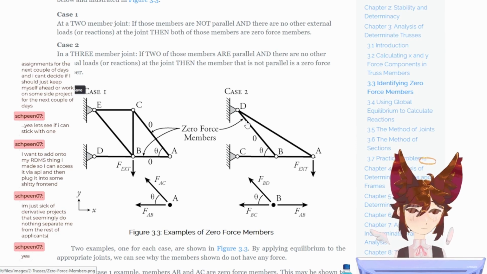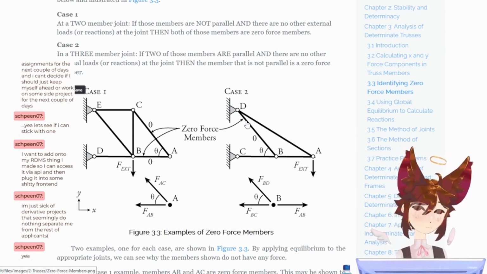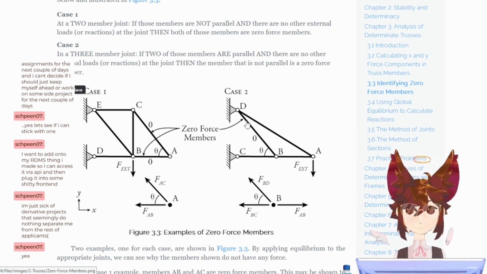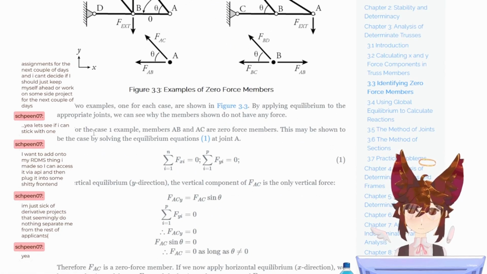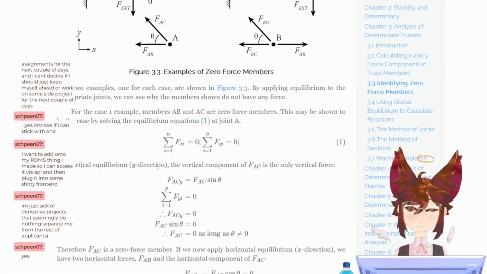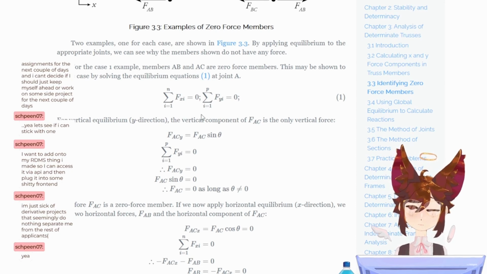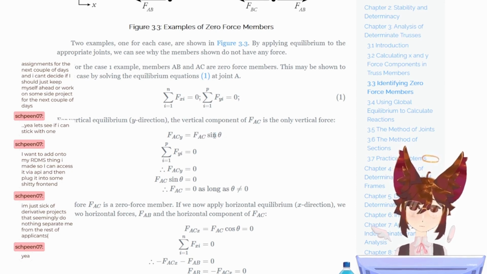The upward component is 0, and then, if the upward component is 0 and it's at an angle, then the whole thing has to be 0? They are 0 force members. It can be used for vertical equilibrium, sine of theta, and theta is not going to equal 0. Yeah, because that's what I think it is. Theta is not equal to 0.